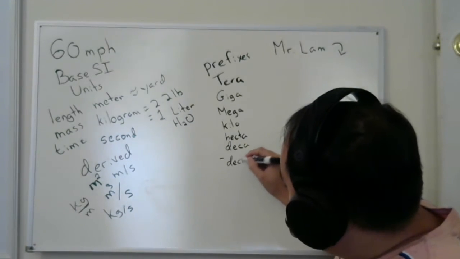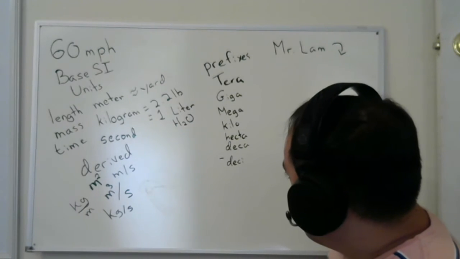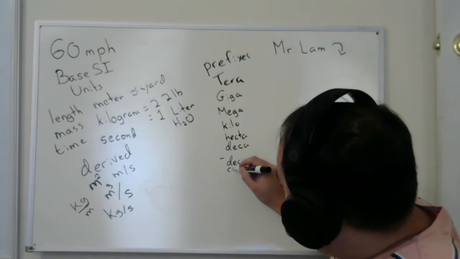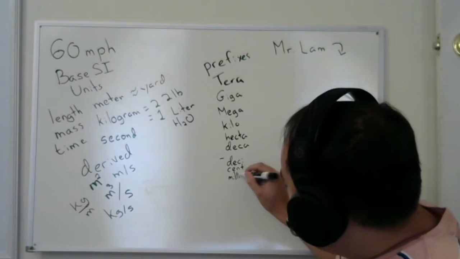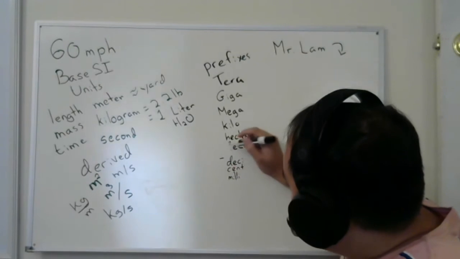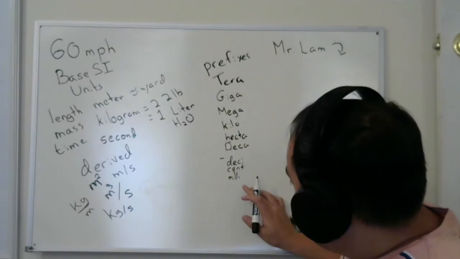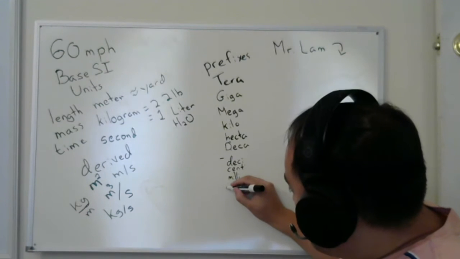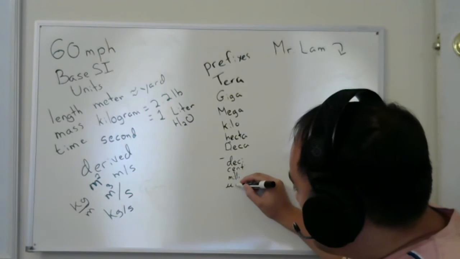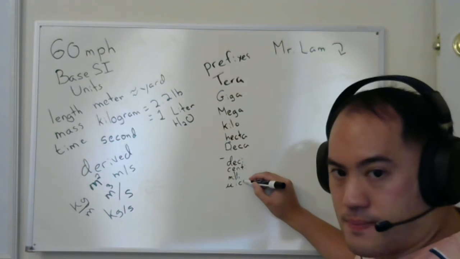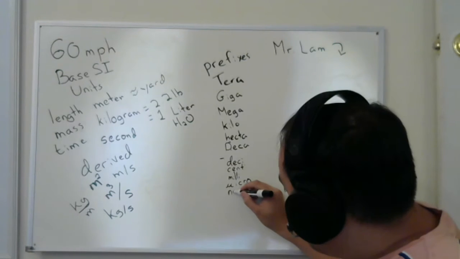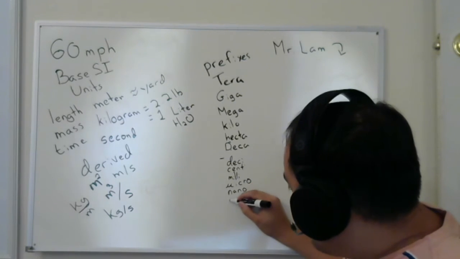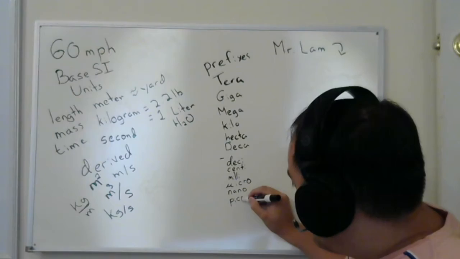Deci, centi, milli. This must be a capital T. Micro with a very fancy M. Micro. Nano. And pico. That's enough for now.